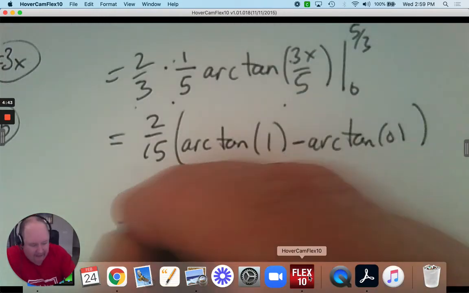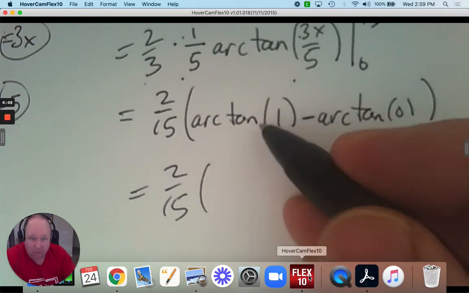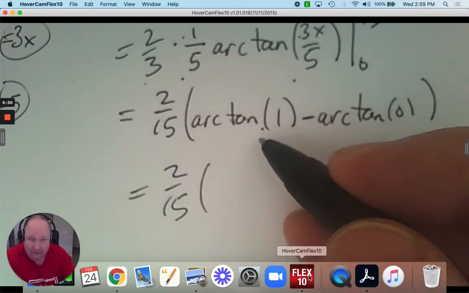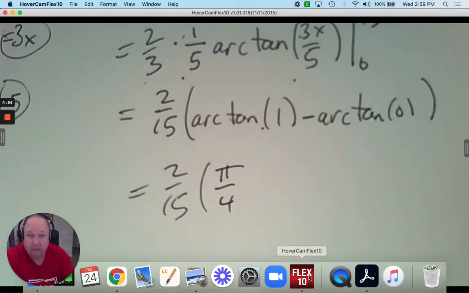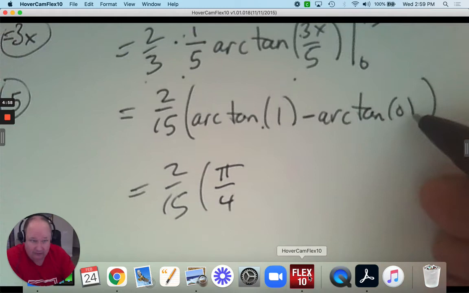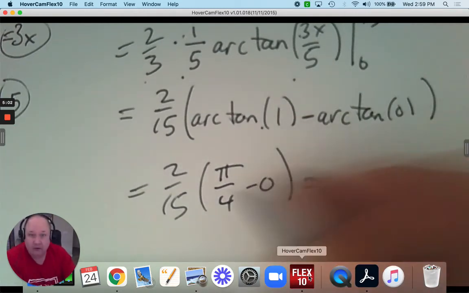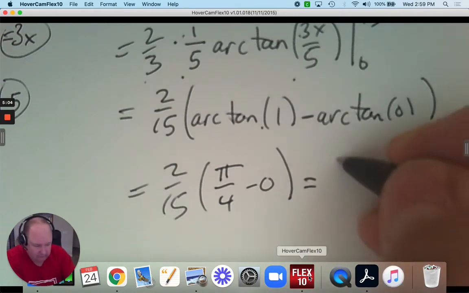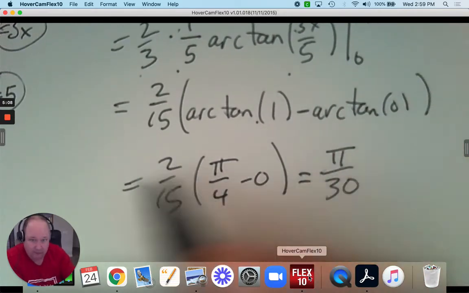Arctan at what angle when you go y divided by x gives you positive 1? That's at 45 degrees or pi over 4. At what angle, if you go y divided by x, do you get the answer 0? That answer is 0. So 2 goes into 4 twice. So you could see the answer is pi over 30, or 2 pi over 60.